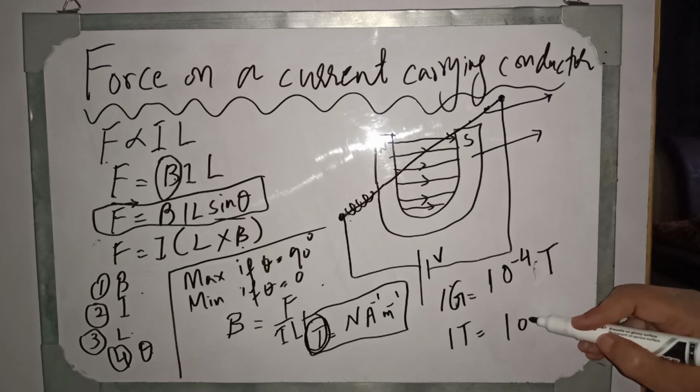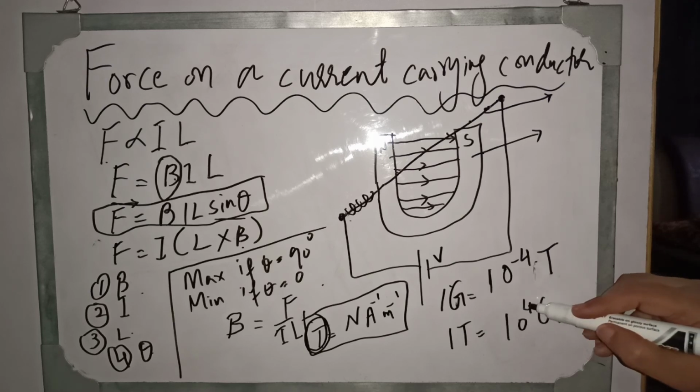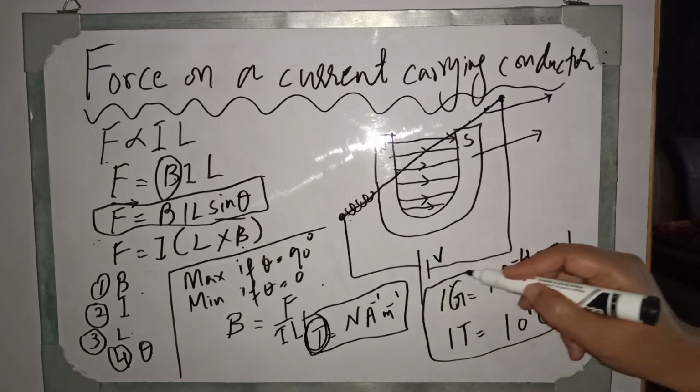So Gauss is one unit which is used instead of Tesla.